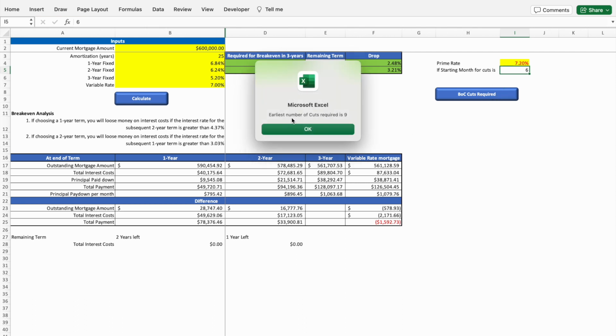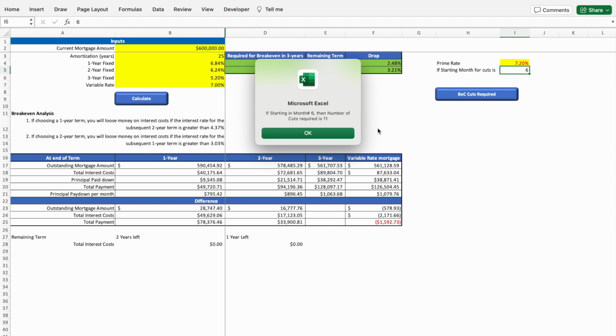Okay, so the first output is for the scenario wherein the cuts are imminent. I would need to see 9 cuts, or an interest rate drop of 2.25 percent, for my choice of that 7% variable rate to come out ahead. So that's outcome number one. Let's look at outcome number two. It's suggesting that there need to be 11 cuts.